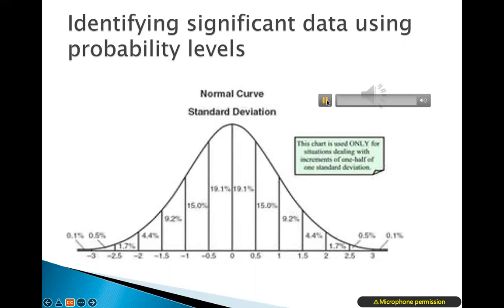Let's start by reviewing something that I'm sure you've seen before, so this will not seem that difficult to you. This is called a normal distribution curve. Notice that if you were to fold the paper right down the center of this data, it would be equal on the right and the left. It'd be an exact match.